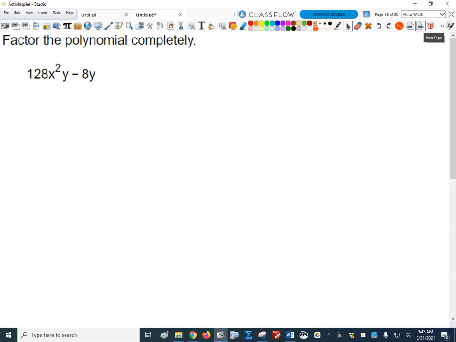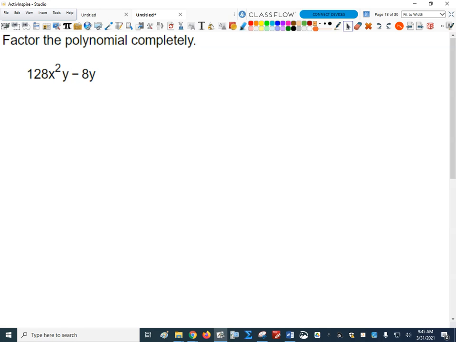So is there something we can undistribute there? What's the biggest number that divides into 128 and 8? In fact, I think 8, doesn't 8 go into, oh no, it doesn't, you're right. Oh, it does. 8 goes into 128, right? 8 goes into 16? Everybody agree? 8 goes into 12 one time with 4 left over, and 8 goes into 48 6 times, right?